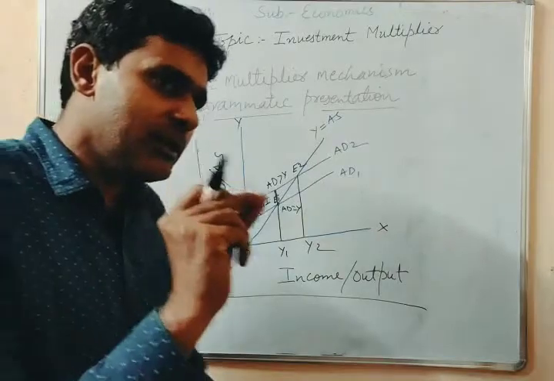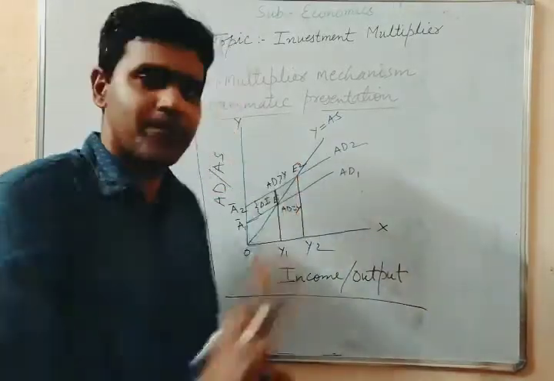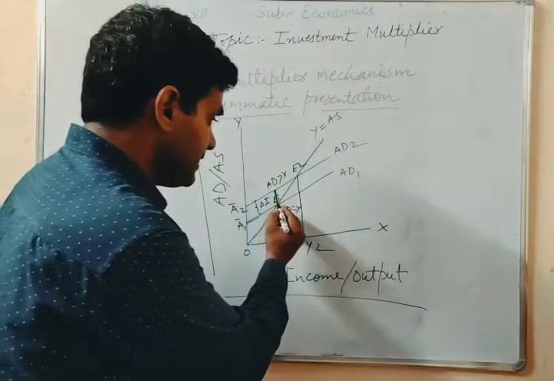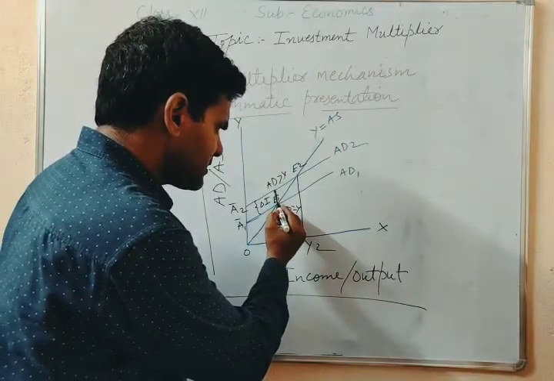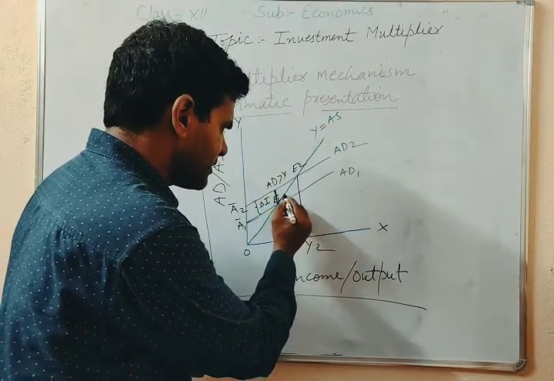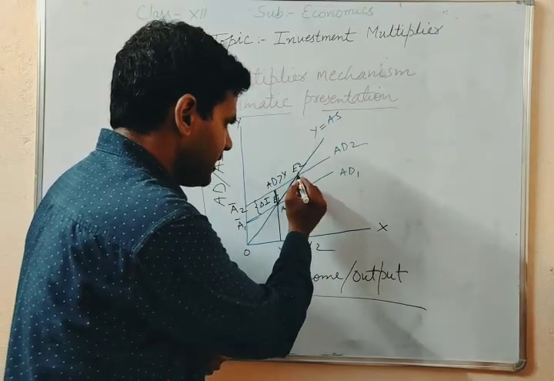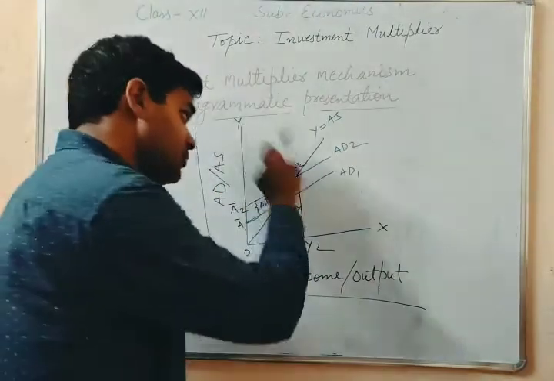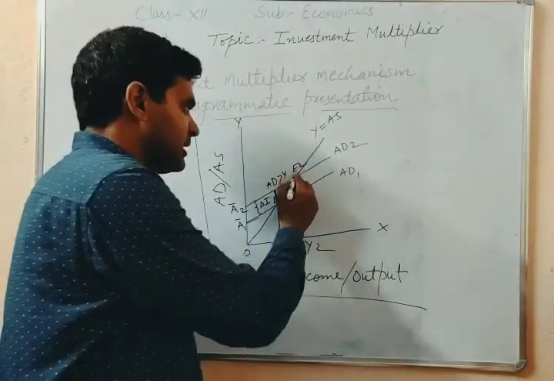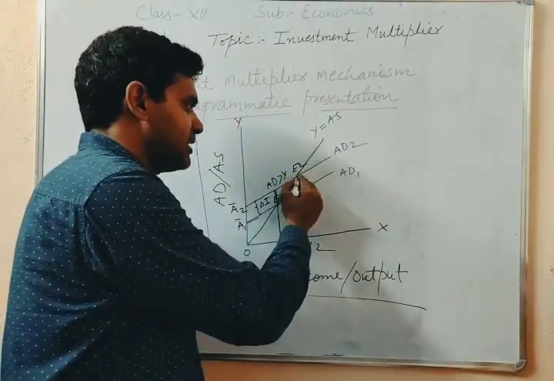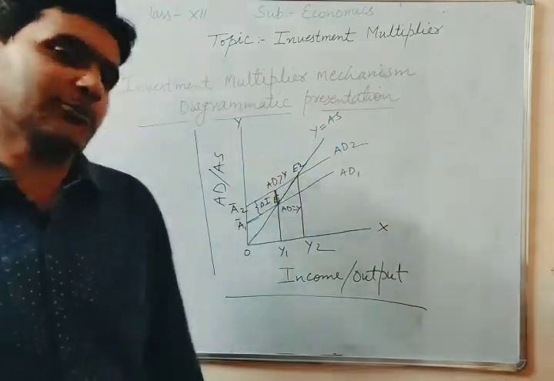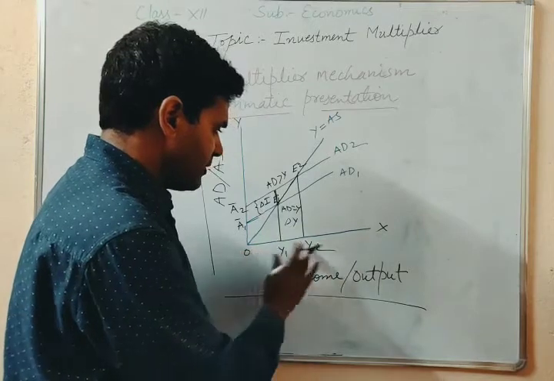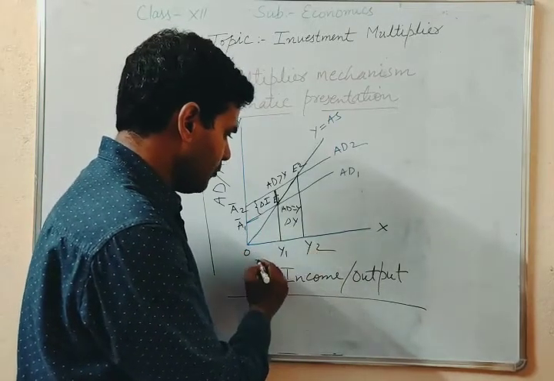So producers will be induced to produce more to fulfill this extra demand, and when they produce more, the supply curve will shift upward, and now it will attain the new level of equilibrium at point E2, where the supply curve intersects this new demand curve, and the new equilibrium level of income will be OY2.